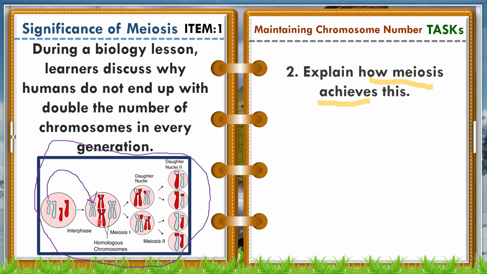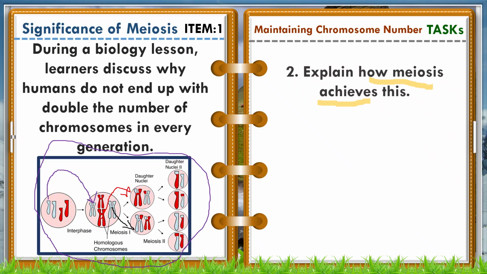This is homologous to this one. So when they separate, they will go into different cells. You can see that this one has gone to this cell, and this one has moved to this cell. So the homologous chromosomes have separated.